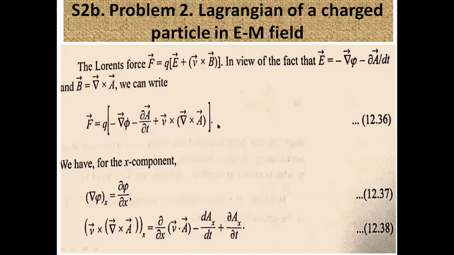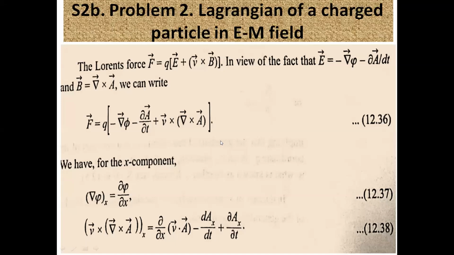Anyway, so we have the expression for the Lorentz force, and we have taken the x component of the right hand side. So mind you, gradient of phi is a vector. So x component of gradient of scalar potential phi will be del phi del x, well known.